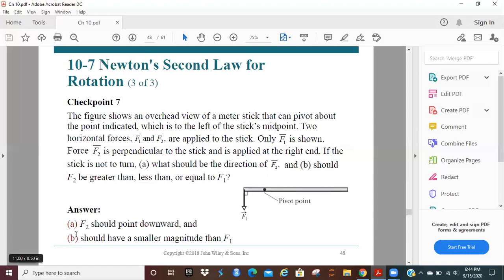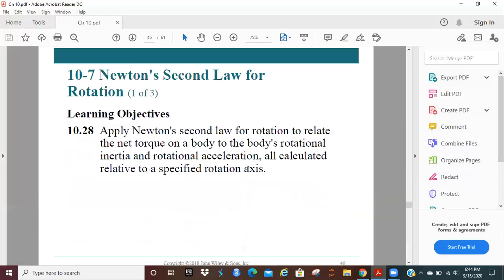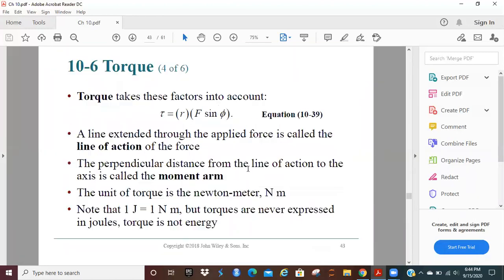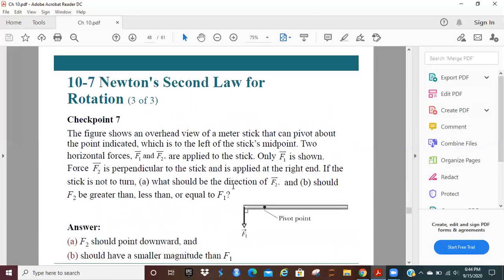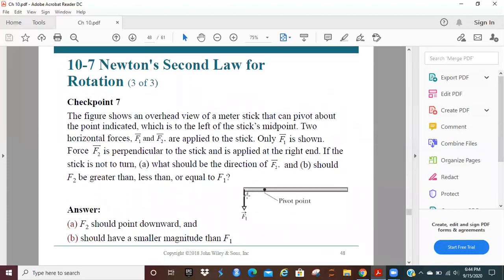Now, it also says here that it should have a smaller magnitude. And why is that the case? Well, as we've seen previously, torque is going to be equal to the radius times F sine of theta. The sine of theta is going to be the same, since it's perpendicular here.